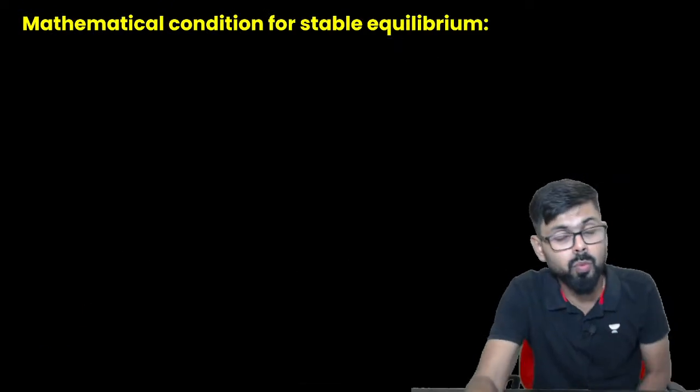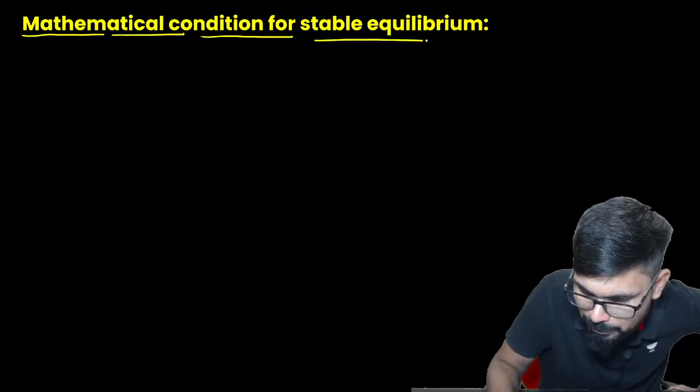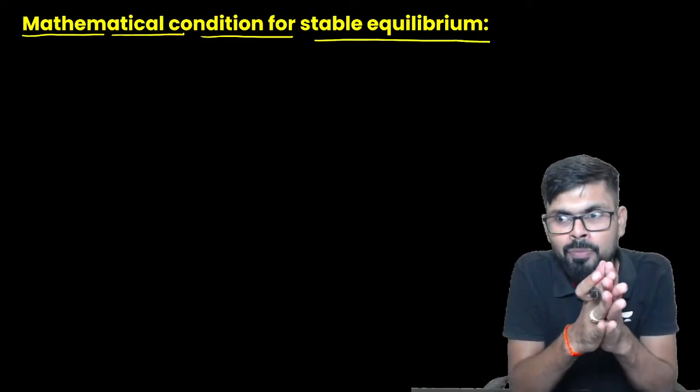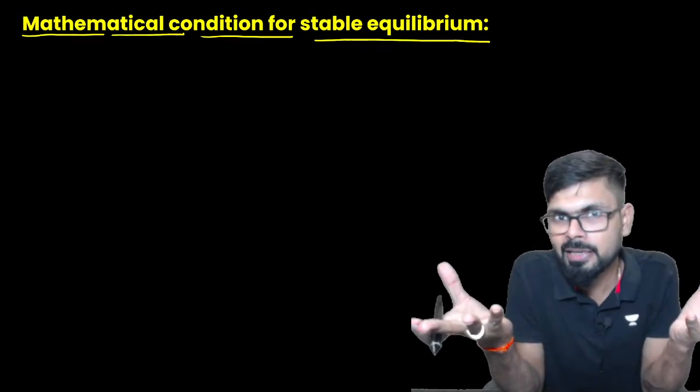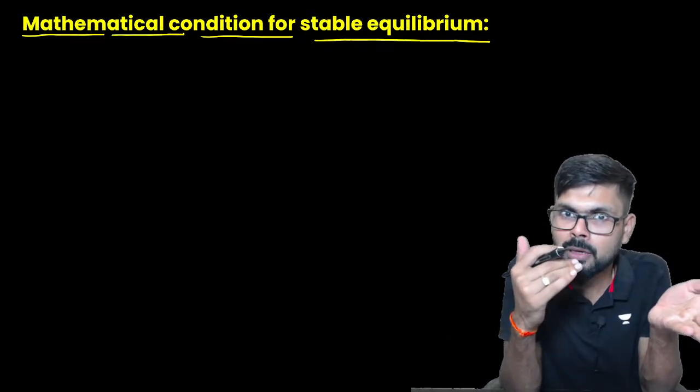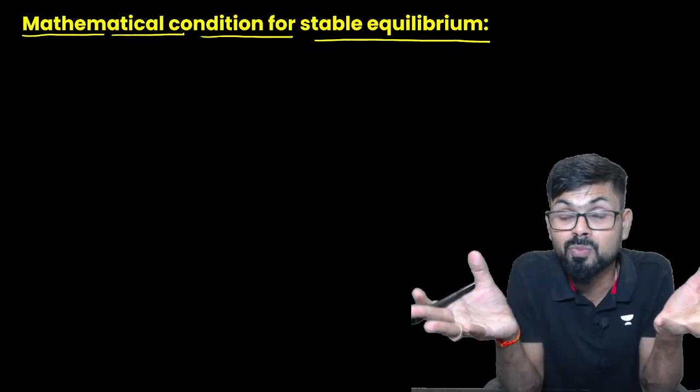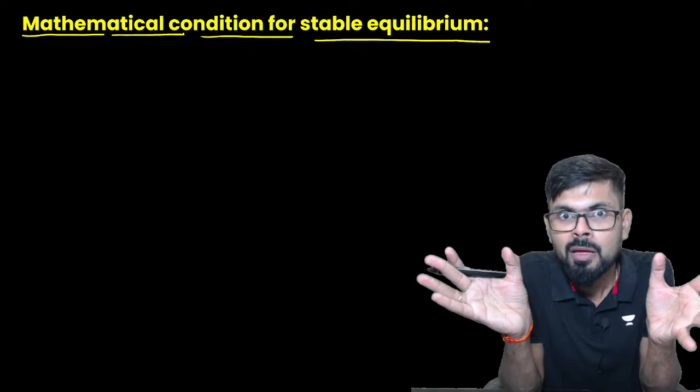But sir, from where will the question come? The question will come from this particular thing: how to calculate the metacentric height. Suppose two boats are there. For one, metacentric height is positive, and for the second also positive, meaning both are stable.